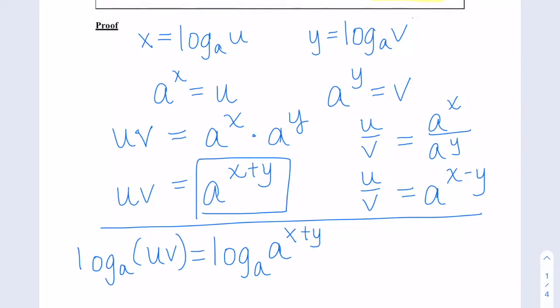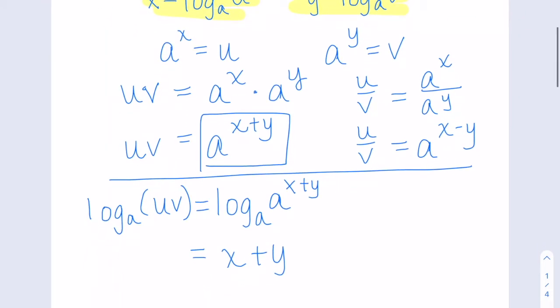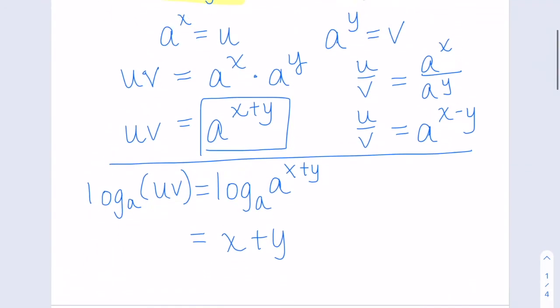Well, we know that log base a and that power are going to cancel out, and we'll just get x plus y. And remember, we identified those up here. The x was log base a of u, and our y was log base a of v.